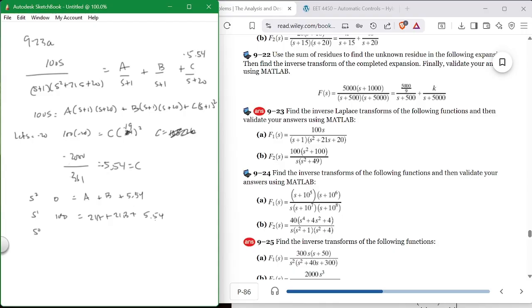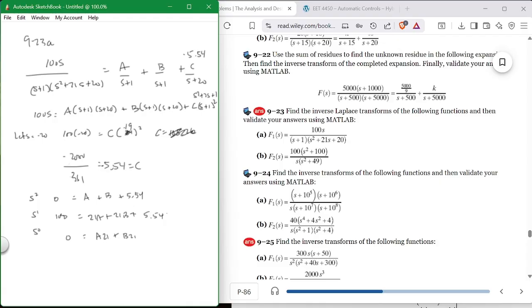And then there is an S0 term. There are no S0s on the left, just constants. On the right, there is A times 21 plus B times 21, and there is a C, which should be S squared plus 2S plus 1.